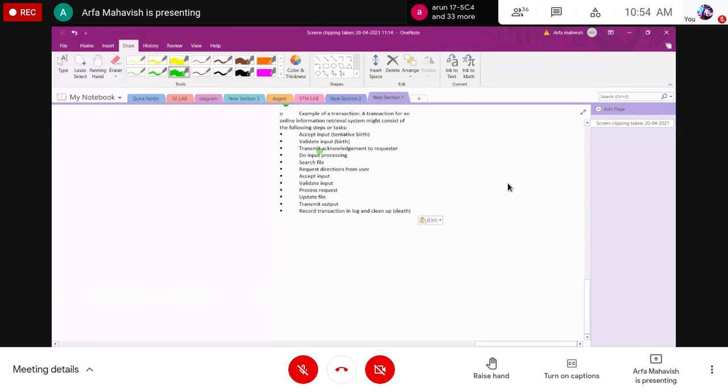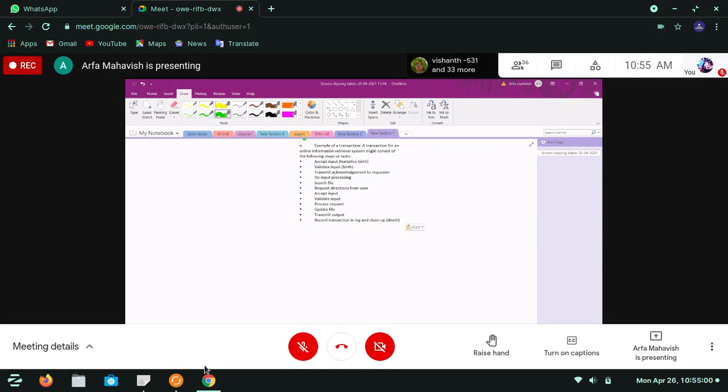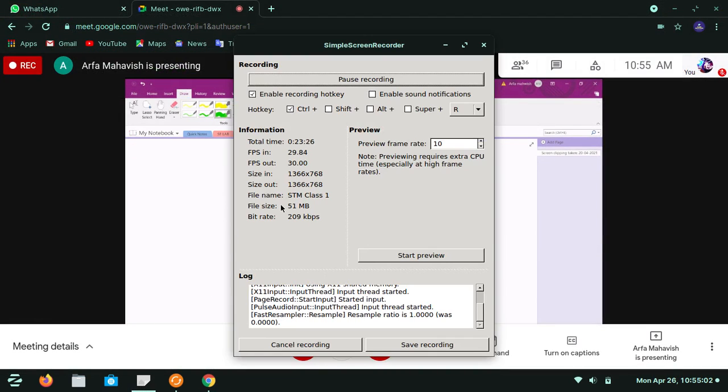This is the procedure, the behavior of your system, which will be performed in this online information retrieval system. The transaction flow graph introduces the representation of it.